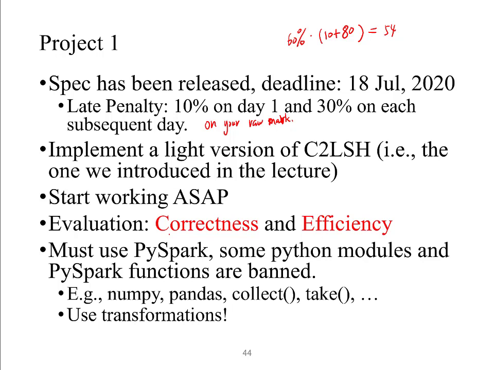We have discussed several bad examples and good examples of implementation in PySpark. We have discussed how transformations work and how shuffle works, for example. So you should have some idea of what should be efficient and what should not be. So avoid doing those inefficient operations.